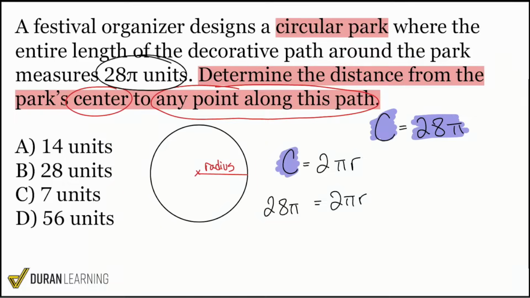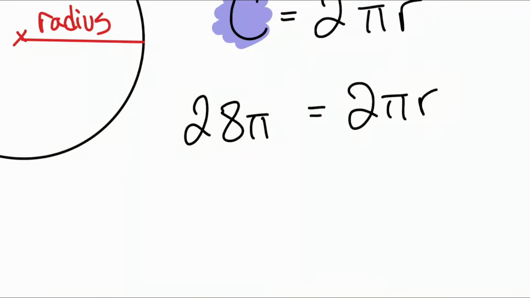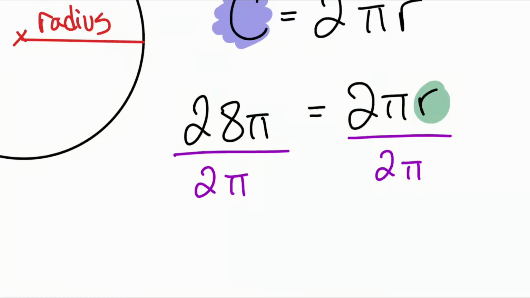My party people, are we good from here to get the radius by itself? Can we get the radius by itself from here? Oh yeah, we absolutely can, because our last example was just like this. We know that we can divide both sides by the contents right there. The 2 pi, we can divide that on both sides.